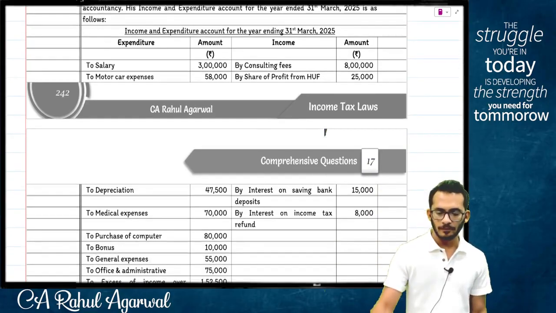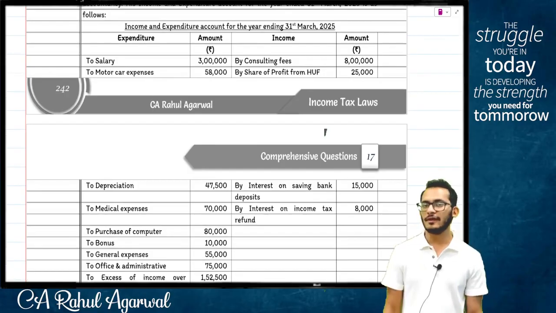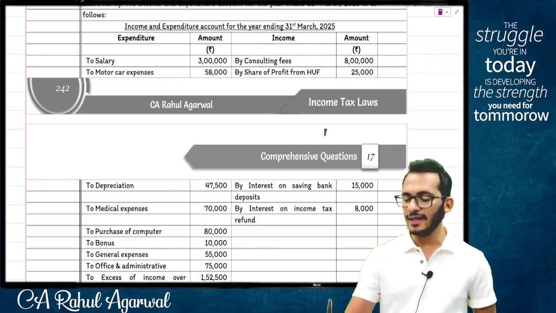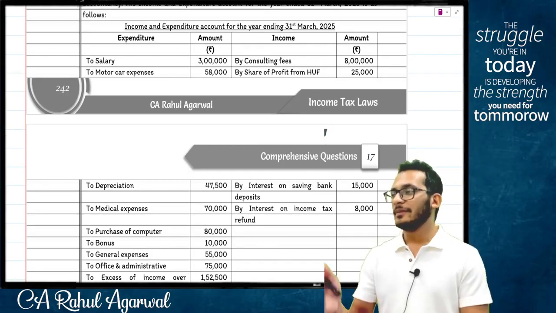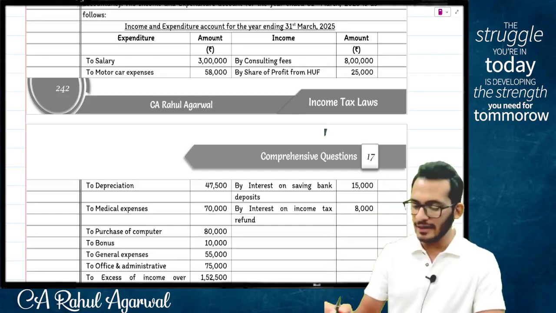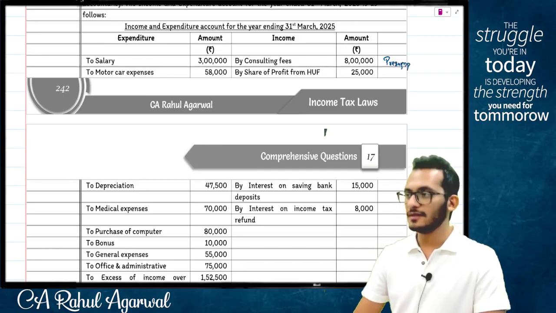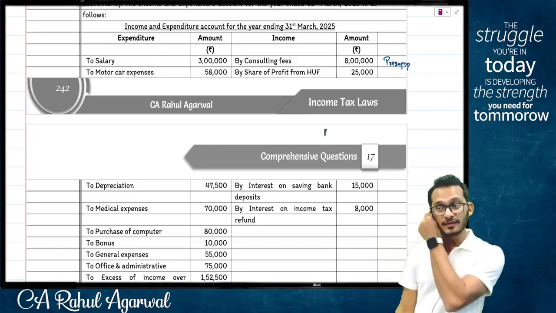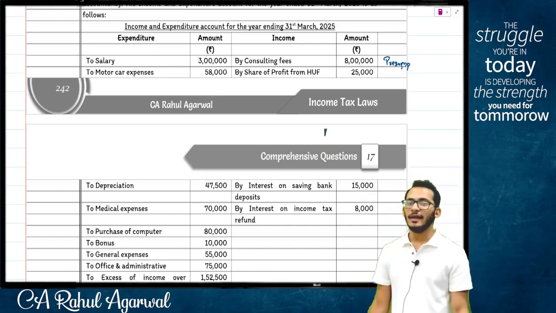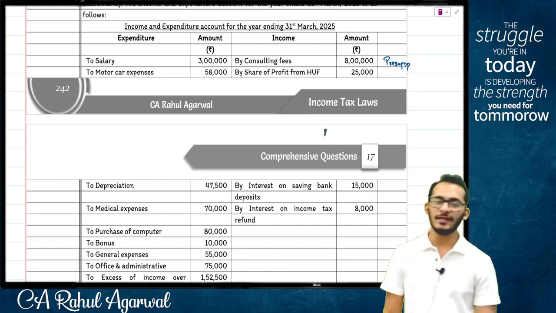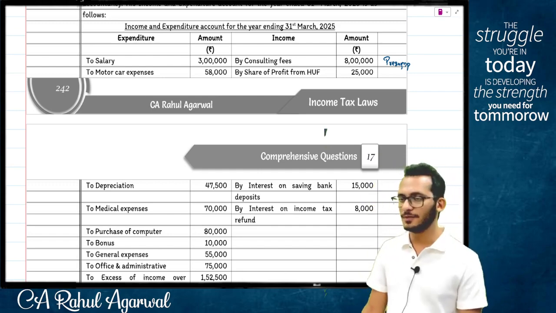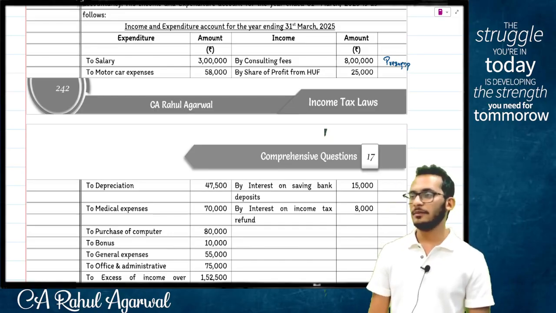Looking at the right side, starting with consultancy fee, 8 lakh rupees. There is no tax deduction at source here. Presumptive taxation is mandatory here. You can't let go of presumptive because the number itself, 8 lakh rupees, shows it. For those who did not get marks, it was because you did not do presumptive taxation.